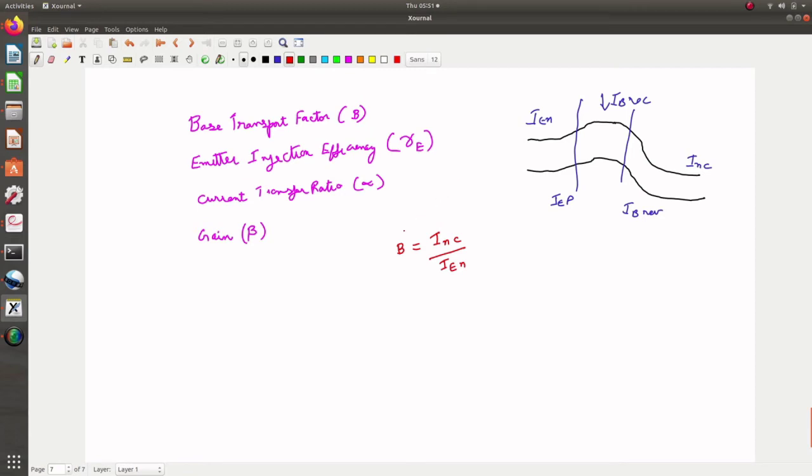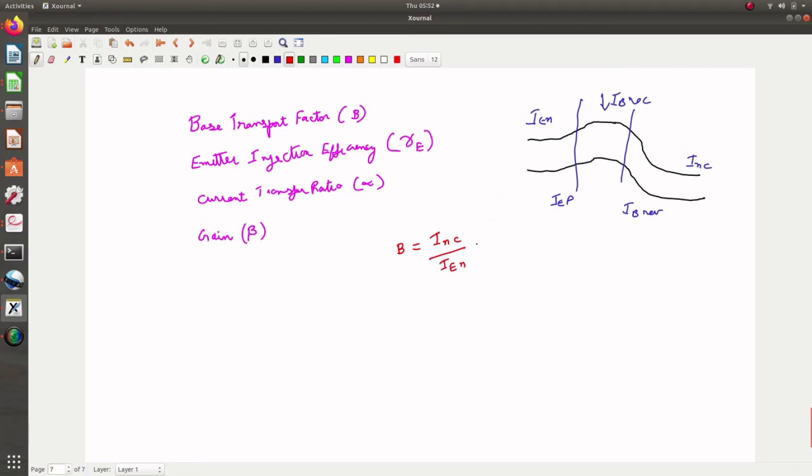So the base transport factor gives us the idea about the factor by which the electrons moving to the base further move to the collector without recombination at the base.